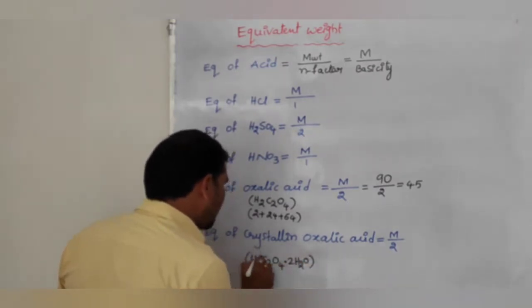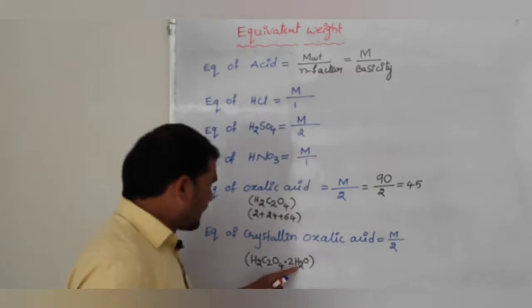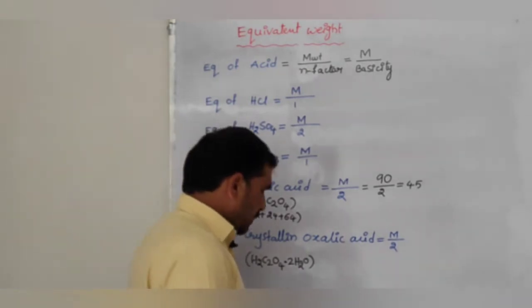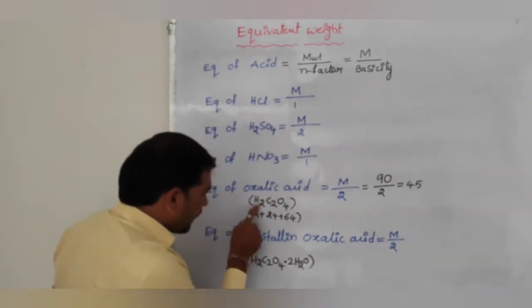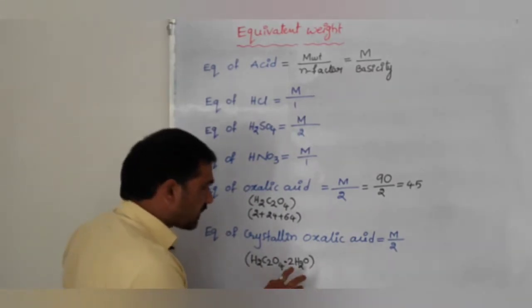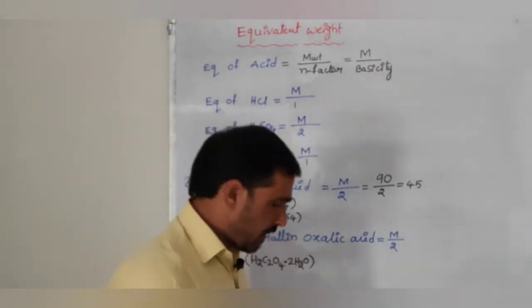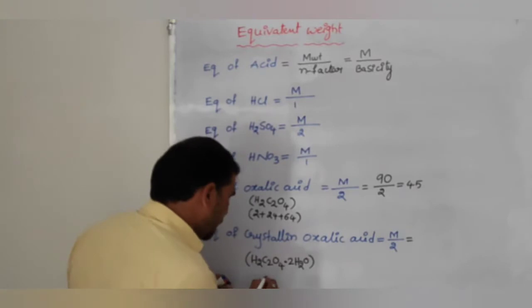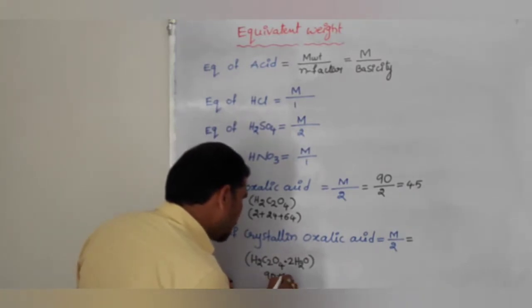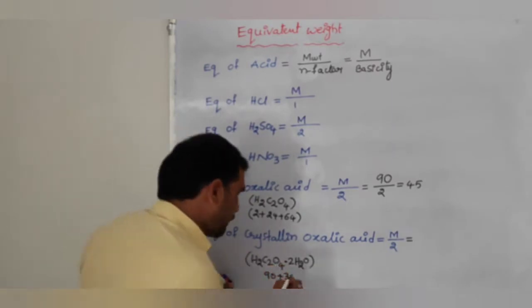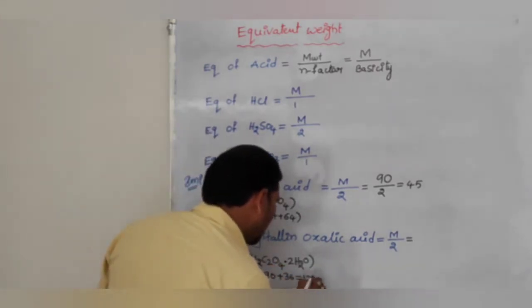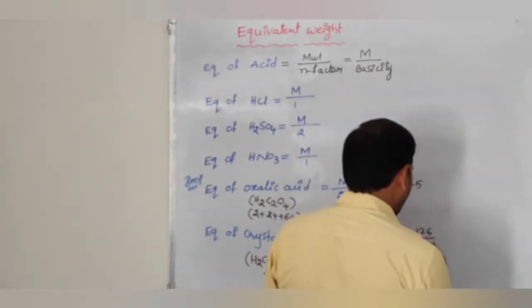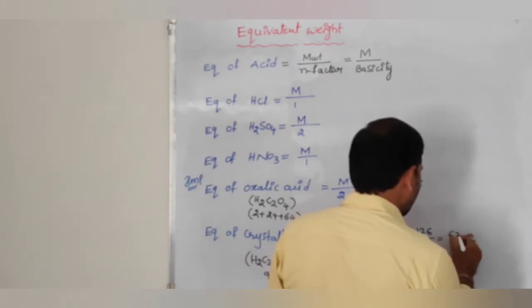This is hydrated oxalic acid, which is also called crystalline oxalic acid. So the n factor is the same, 2, from H2C2O4. There is no n factor considered from the water molecules. The molecular mass of crystalline oxalic acid is 90 grams plus 36 grams, 18 grams into 2, that is equal to 126 grams. Is it clear? Therefore 126 divided by n factor 2 is equal to 63 grams.